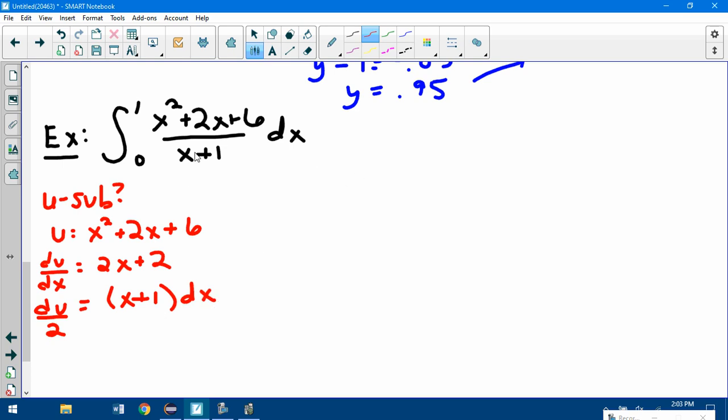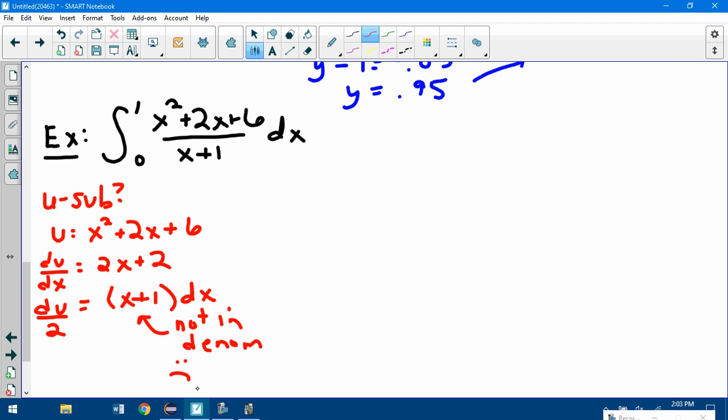Okay, is that good? That's my leftover piece? No, why is it not good? Because this needs to be in the denominator, and it's not over here. Not in denominator means this is bad. So u sub doesn't actually work.